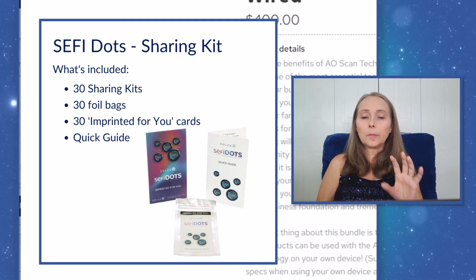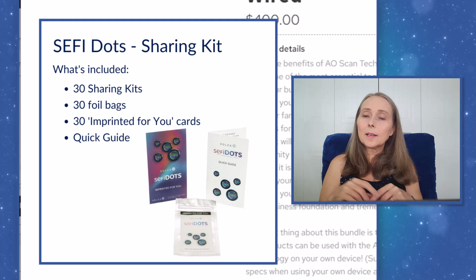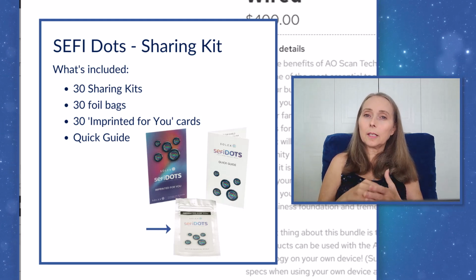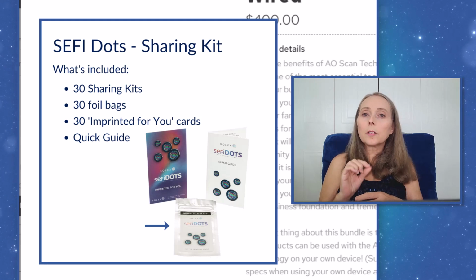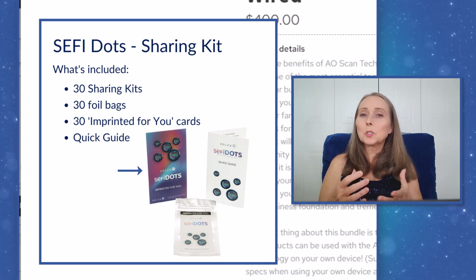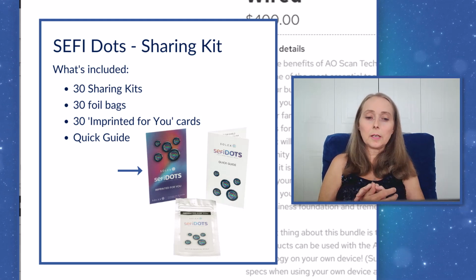So the sharing kit will include a foil bag that you can place the Cephi dots inside of so that they are protected, but it also has a card that you can add with some instructions for the person to know what to do, like how to place the Cephi dot and everything.